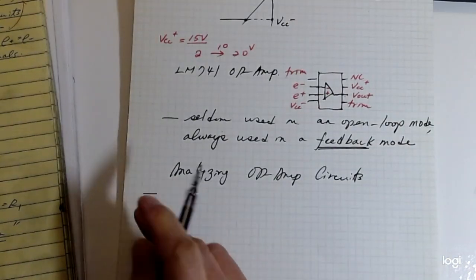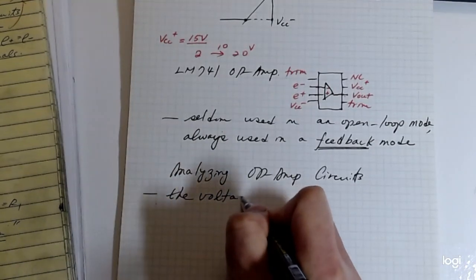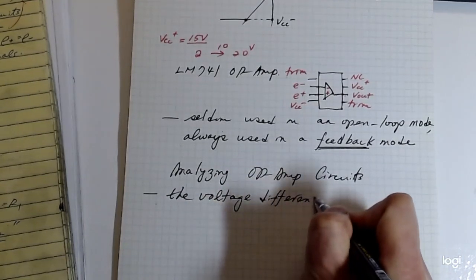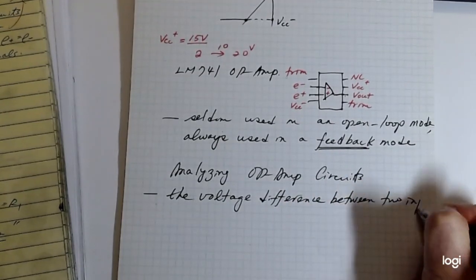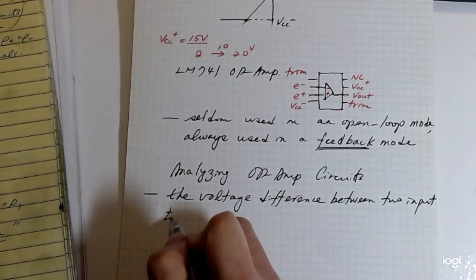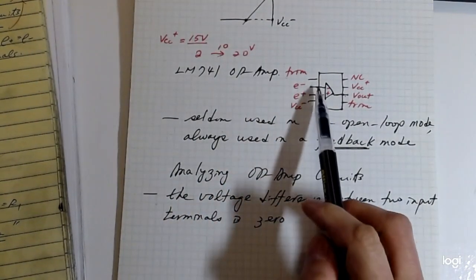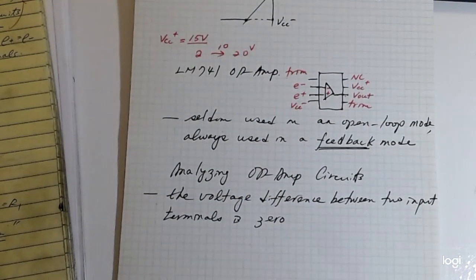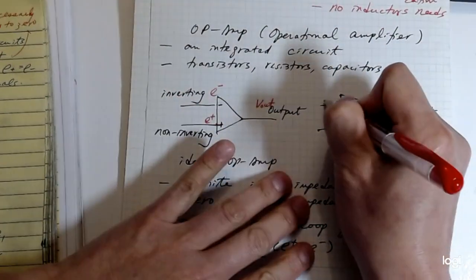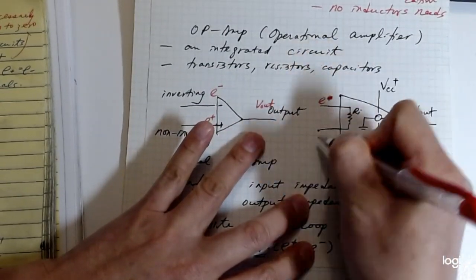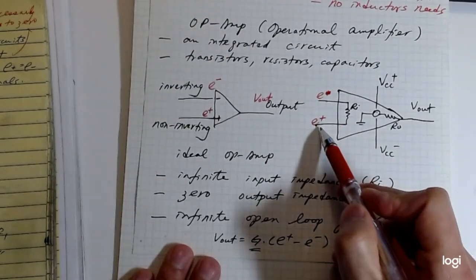One is that the voltage difference between two input terminals, V negative and V positive, when it's in closed loop mode, these two will be balanced.